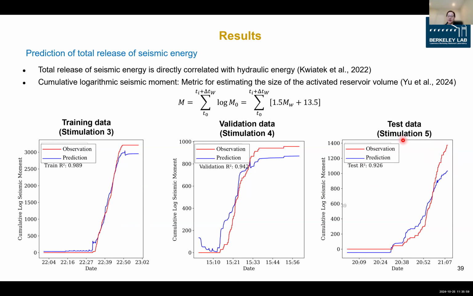Because of this, another approach was taken, called transformer, and the performance was significantly improved. But this is a part that I'm not showing. Hopefully, once the paper is ready, I can share more in the future. But so far, these are the results using long short-term memory.